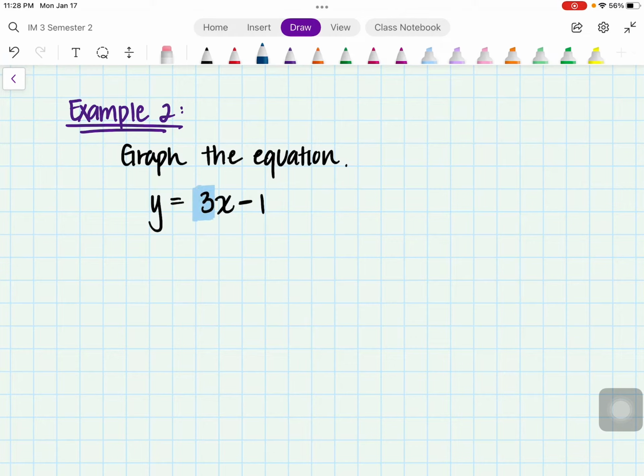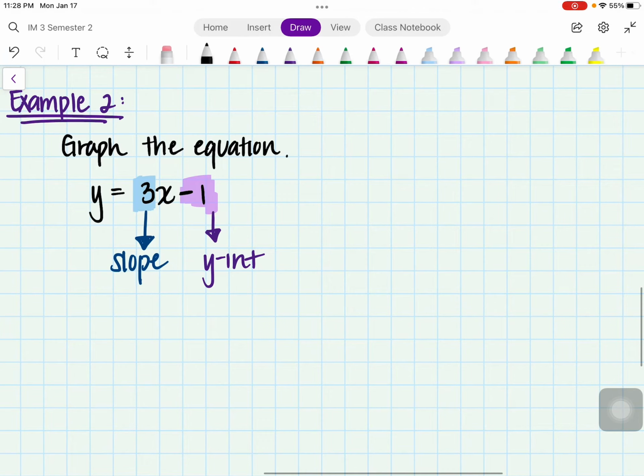Let's take a look at this and graph the equation. The number in front of the x, 3, represents our slope, and the constant, the number that's by itself, represents our y-intercept. If I were to graph this, let's create a graph.